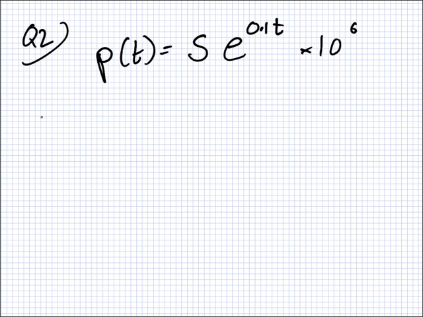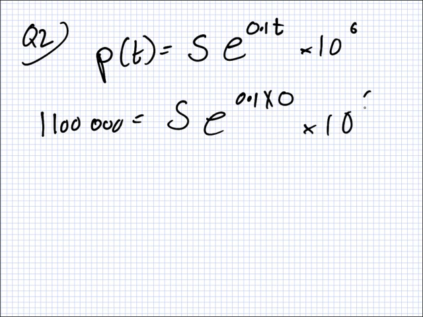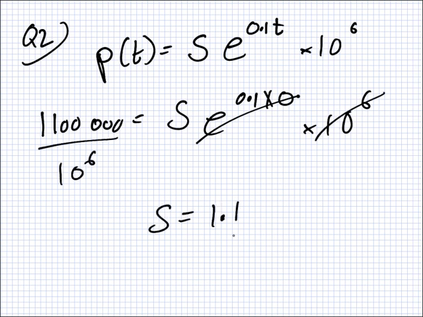So you had 1,100,000 equals S e^(0.1 times 0) times 10^6. So e^0 is obviously 1. And when you divide by the 10^6, I think pretty much everybody got S is 1.1 then. So that's fine.